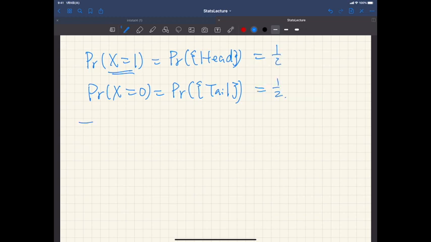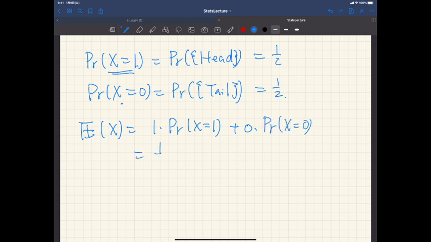And both of them are defined to be 1/2. So, according to the first definition of expectation value, when x is 1, we calculate 1 times the probability of x being 1, plus 0 times the probability of x being 0, and that's 1 times 1/2 plus 0 times 1/2, which is 1/2. Fine.